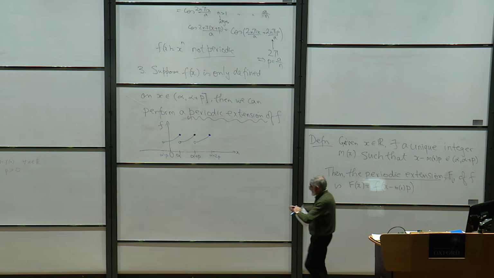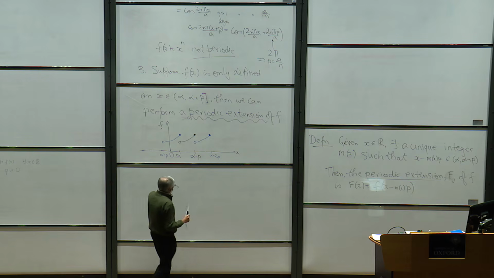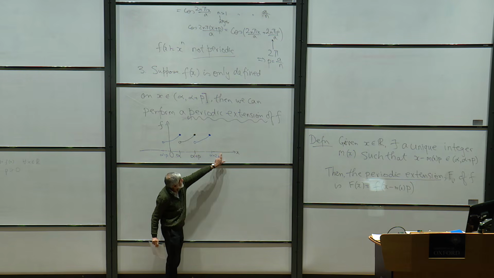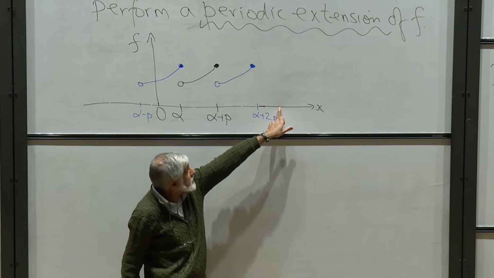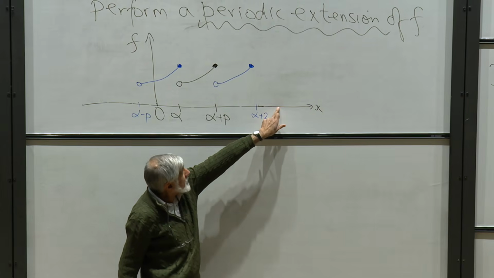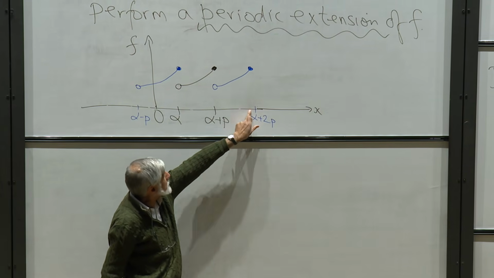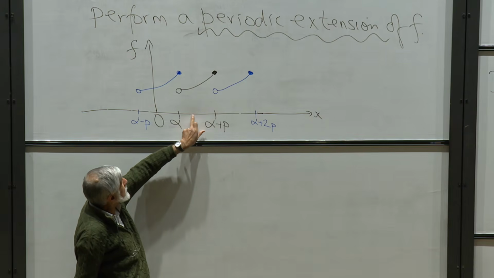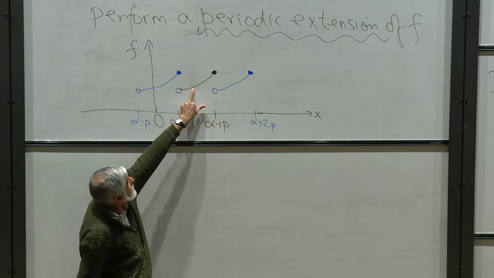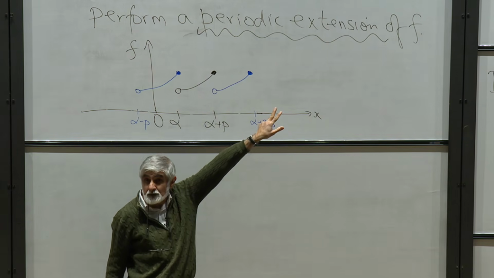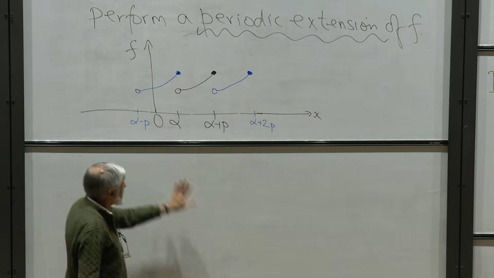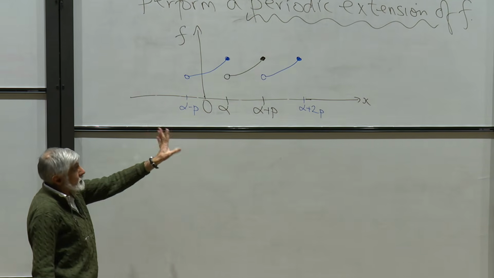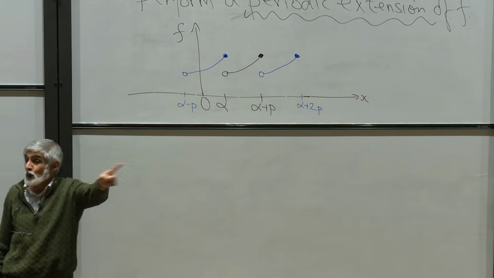So in other words, if you want to find what the value of the big F should be at this point, I just go back minus p, minus 2p, minus 3p, take that value, and that's the value. And so in that way, I've defined this function now on the whole real line.